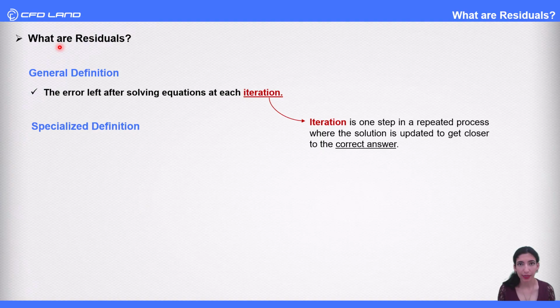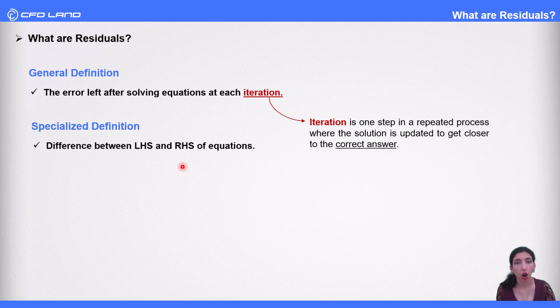It means they repeat the same process again and again and again to reach the correct answer. But if we want to be precise, the difference between left-hand side of equations and right-hand side of equations are residuals. And the smaller residuals indicate better convergence.